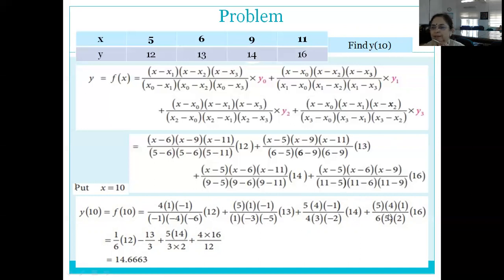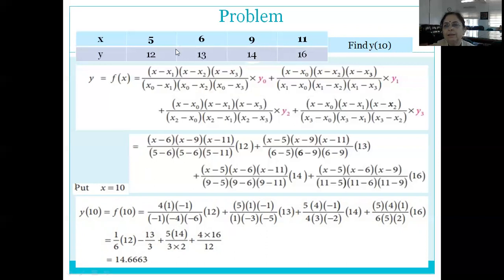Similarly, the remaining two factors are also calculated by putting x equal to 10, and we get the final answer, which is 14.6663. Right? Okay, so while calculating, we should be careful while calculating the weighing functions and then evaluating the function at any unknown data point.